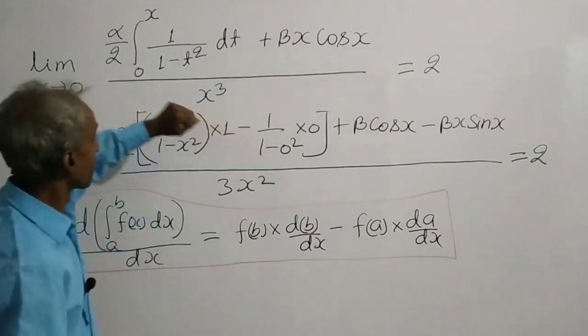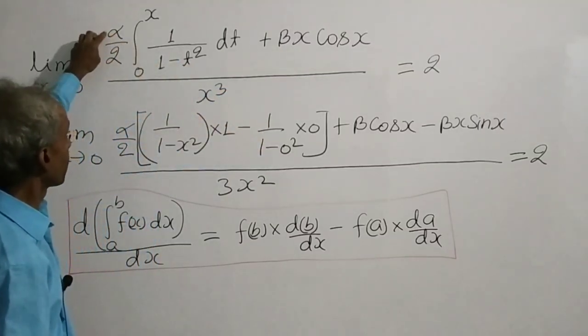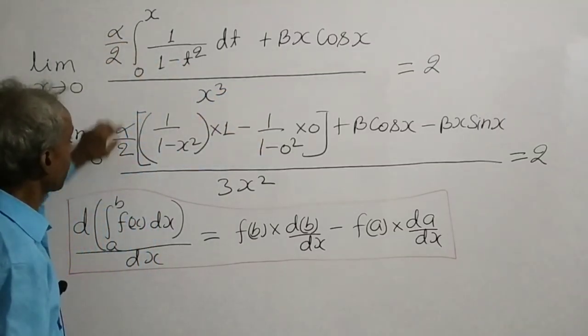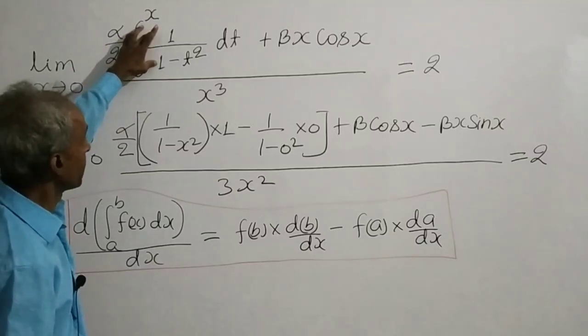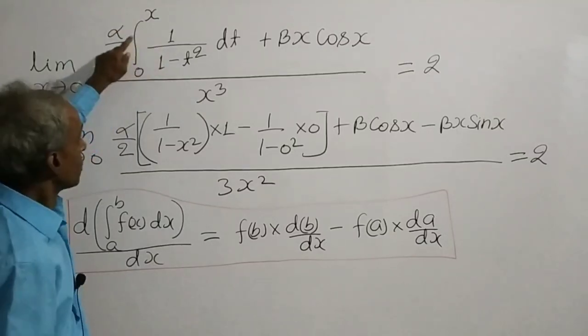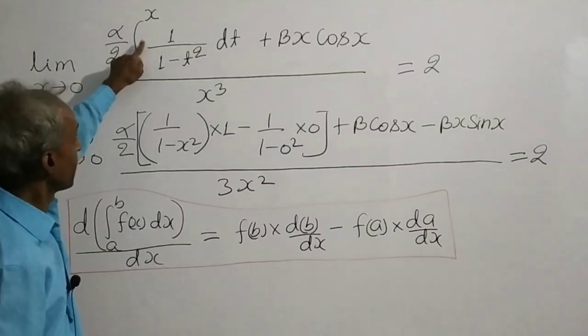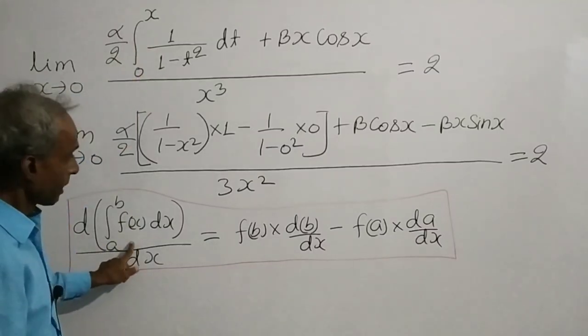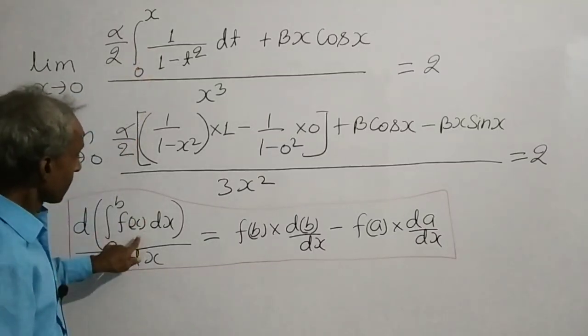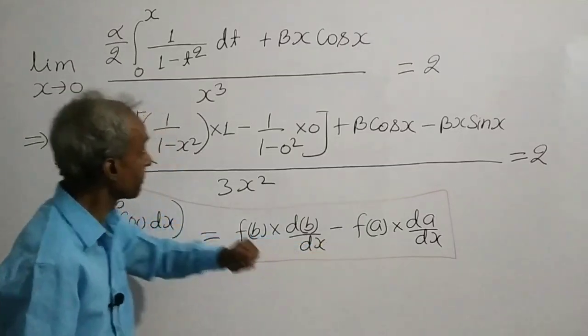Differentiate the numerator. To differentiate the numerator, alpha by 2 is a constant. We will differentiate this. To differentiate this definite integral, we will use this formula.